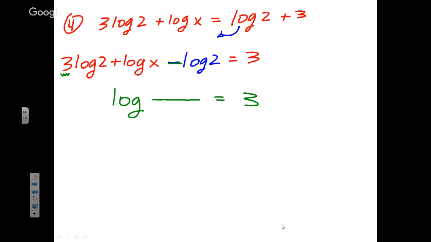The 3 in front, where does the 3 in front go? Okay, so what do we do with that 3?